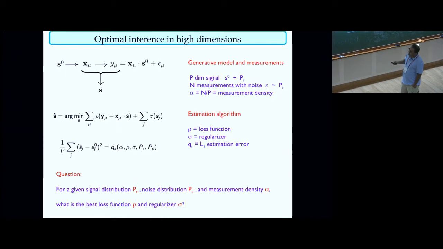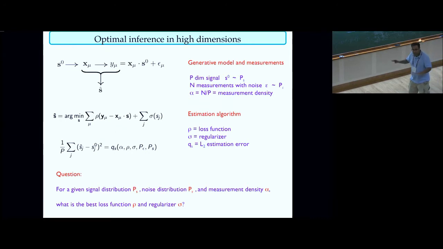MAP estimation would be rho is the minus log probability of the noise, and sigma is the minus log probability of the signal. You could also use just ridge regression, where sigma is a quadratic function and rho is a quadratic function. You could use lasso, where this is a quadratic function, and this is the L1, or the absolute value function that Professor Kabashima talked about earlier. So that would be the lasso algorithm.